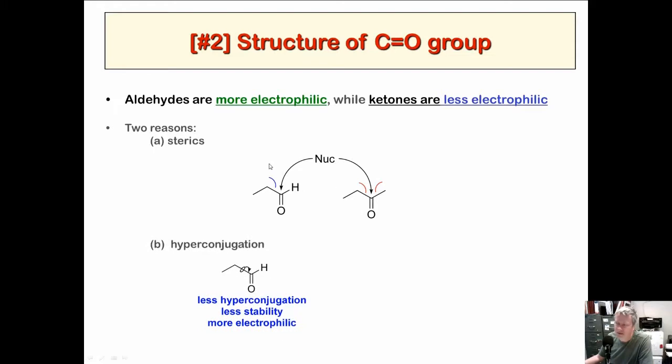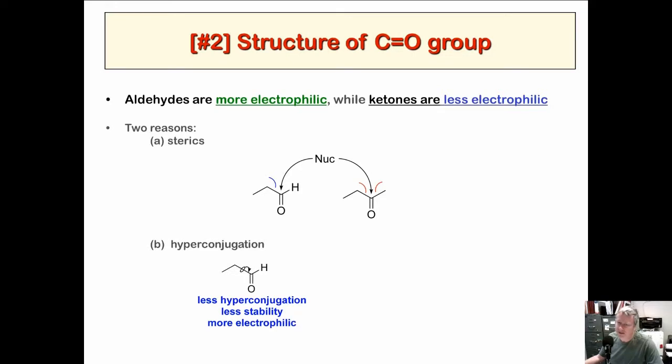The other reason is hyperconjugation, which we've talked about in carbocation stability. Do you remember that? Carbocation stability, Organic 1, of why a tertiary carbocation is more stable than a secondary carbocation.